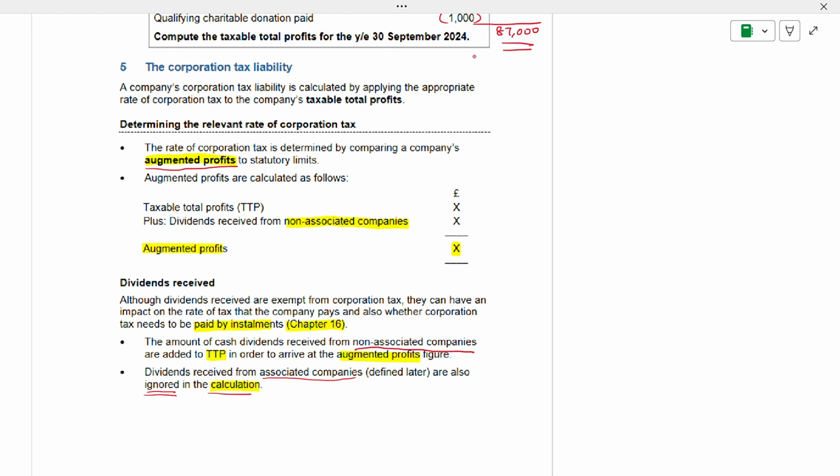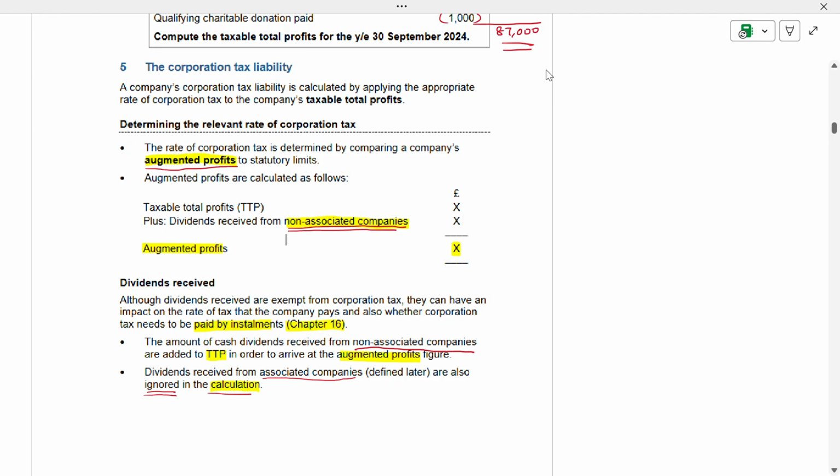So dividend received from associated companies will be ignored. Yes, dividend received from associated companies is ignored in the calculation. But in order to get augmented profit, non-associated companies' dividends are added.